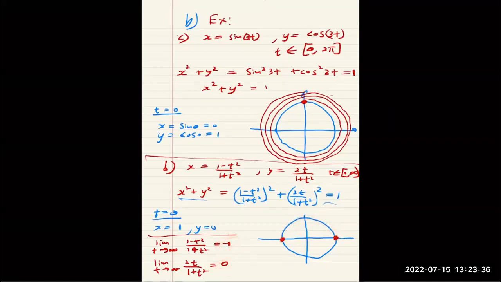So the bottom line is our curve is this one, the upper half circle. It's an anti-clockwise curve. If the curve is moving this way, we say that it's an anti-clockwise movement. If it rotates the other way, it's a clockwise movement.